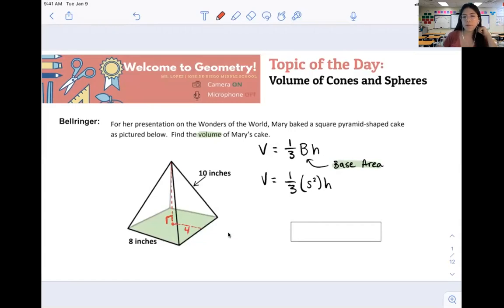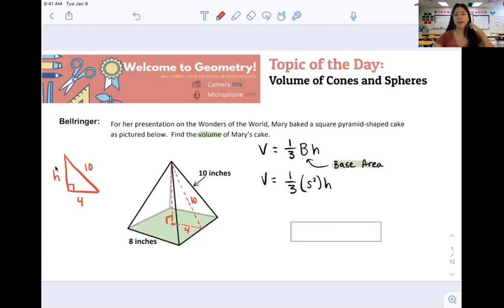And now let's take a look at what we have here. We know that this is 10 inches. So I have what type of triangle? I have a right triangle. Let me bring it out here. This is 10 inches. This is 4 inches. And here's the height.